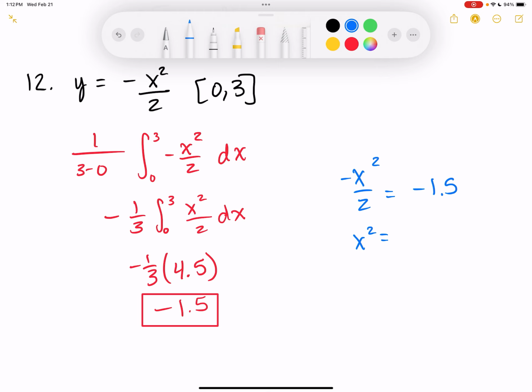So x squared is going to be equal to 3, and then x is going to be equal to the square root of 3.